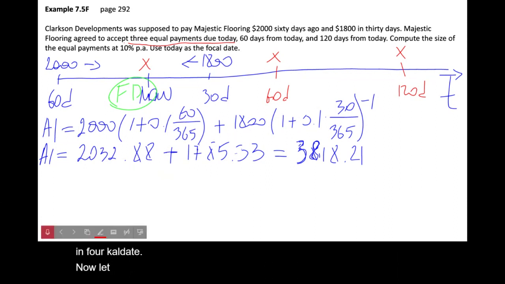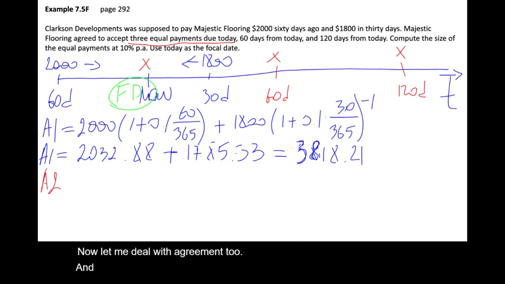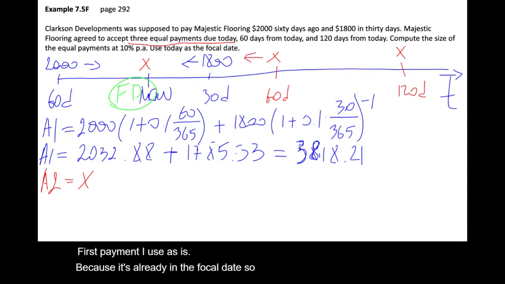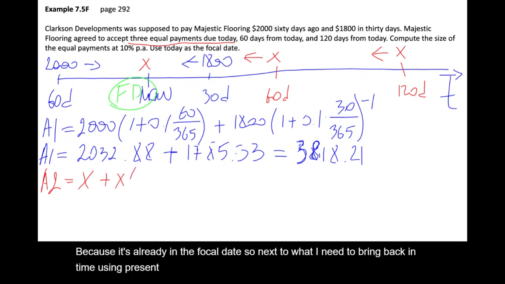Now let me deal with agreement 2. And agreement 2 has 3 unknown payments, right? First payment I use as is because it's already in the focal date. So next I need to bring back in time using the present value formula.